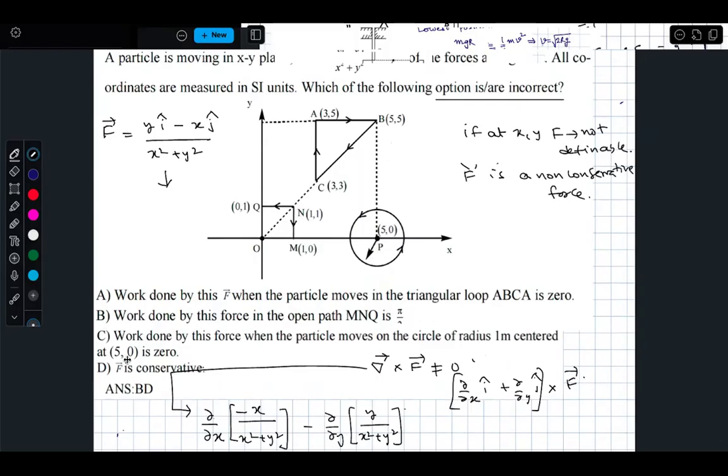And that is the reason why we have selected D. If x comma y is not in our domain, which means your space is excluding that x comma y, then f bar is conservative.